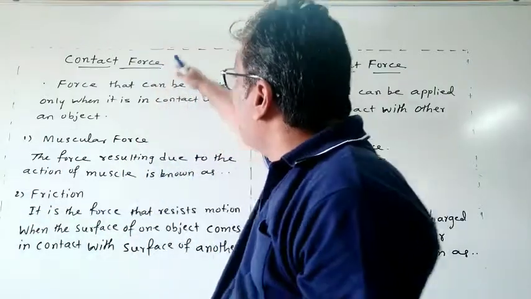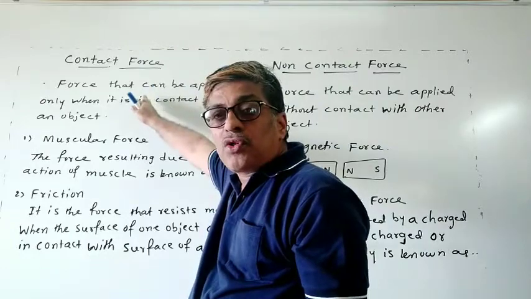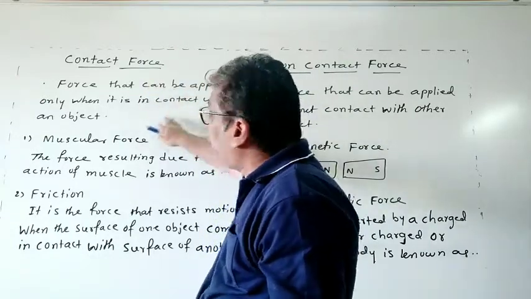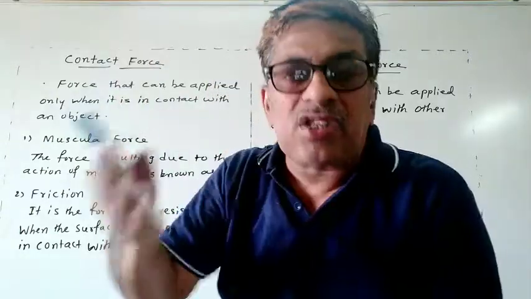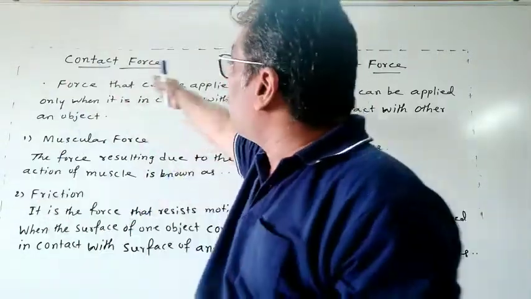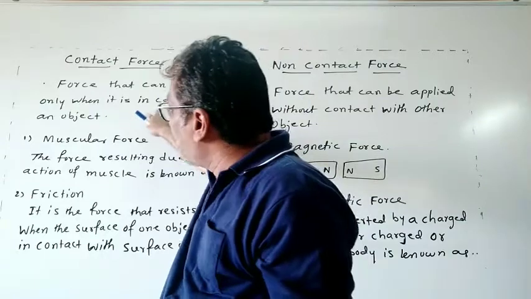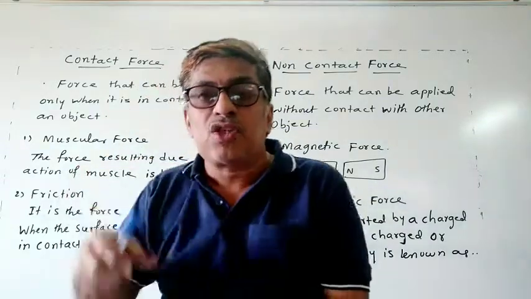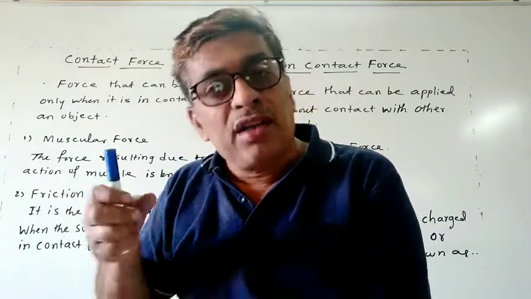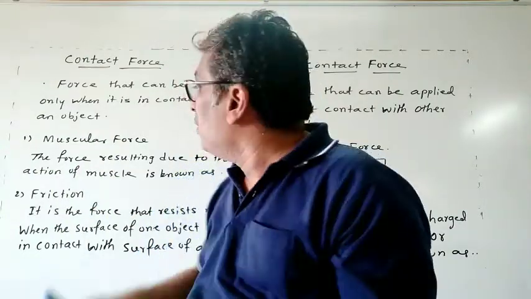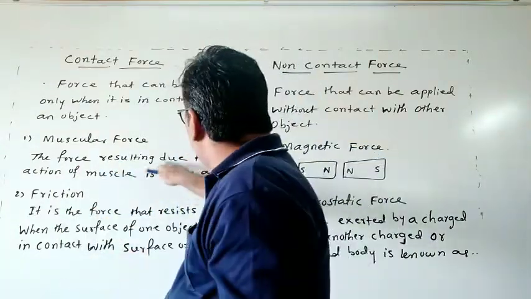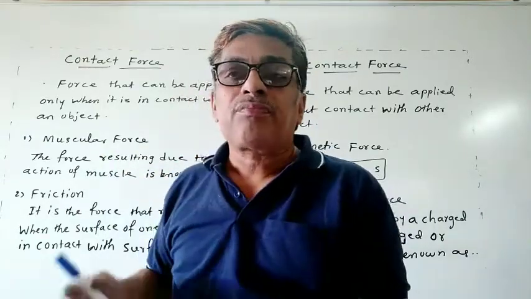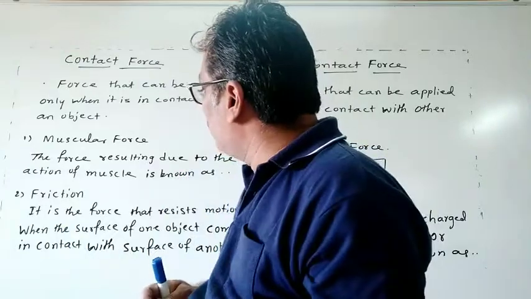Today's point: what do you mean by contact force? A force that can be applied only when it is in contact with the object is called a contact force. Examples: muscular force, where we use muscles in contact with the object. The force resulting due to the action of the muscles is called muscular force.